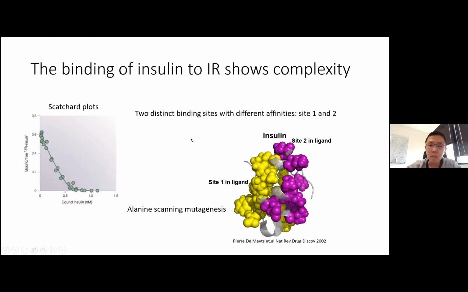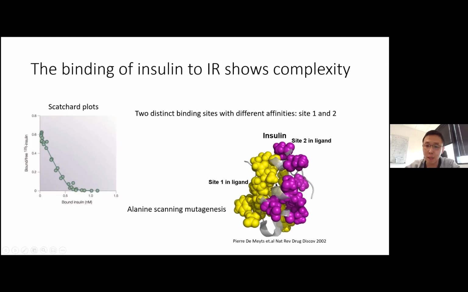Insulin is a relatively small molecule, in total about 50 residues. So people have done alanine scanning mutagenesis to identify the residues of insulin that are important for binding to site 1 or site 2. It's really very clear.